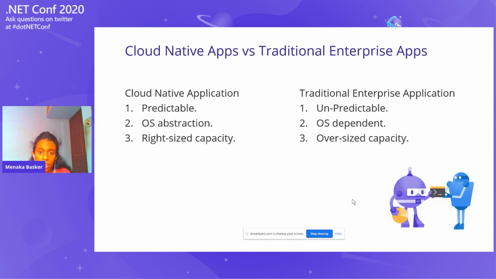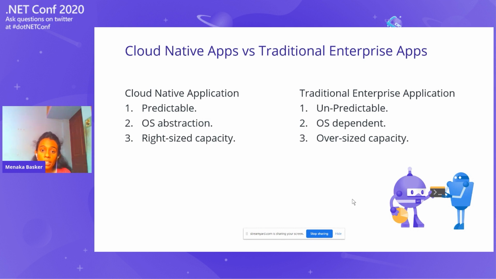You need to investigate the architecture to find why a particular issue is coming, or why it is not working with a particular service. So it's OS dependent. Another thing is that seeing an application as a whole is very difficult compared to seeing a layered application. So overcapacity is also a reason why we are moving towards cloud native applications.